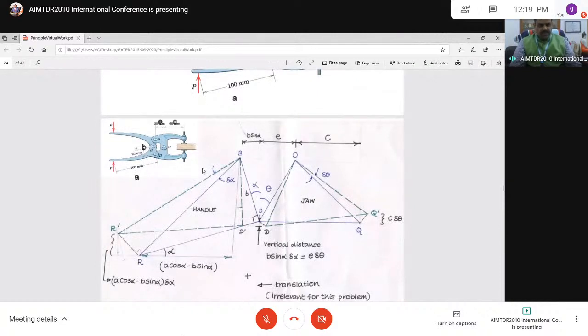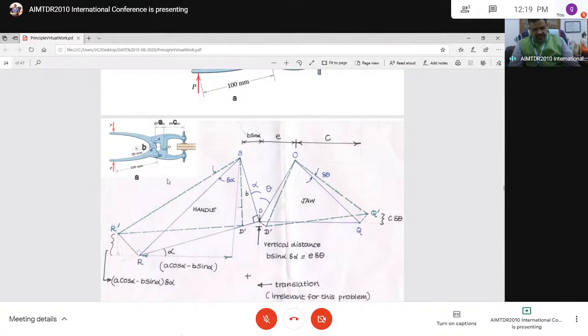this point, if you can see from the geometry, here this is the mechanism. B point, D point, this is one lever, BD. Okay. OD is another point. There are two levers. Okay. This is R, ODR. And similarly, we can consider when it is displacing D to D dash, making a handle.